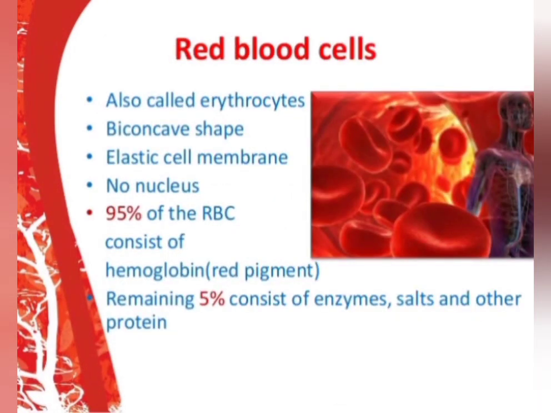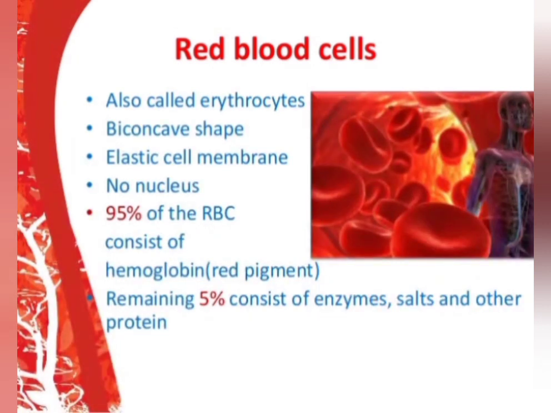So these erythrocytes, leukocytes, and thrombocytes are the alternative names of the different blood cells. Red blood cells. The red blood cell is one of the cellular components of blood, and it is also called an erythrocyte. The shape of the red blood cell is biconcave, and the cell membrane of RBCs is elastic. As we know, all cells have a nucleus, but RBCs don't have a nucleus.